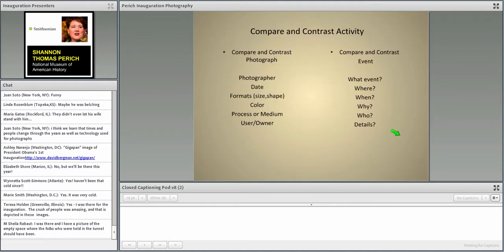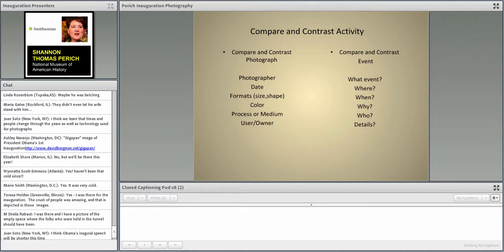So if we do a compare and contrast activity here for our last 5 minutes, there are 2 ways that we can approach this compare and contrast. And actually, if you bring the 2 together, then we will have a really terrific compare and contrast, but we only have 5 or 10 minutes left because we want to leave time for some of the questions that are out there.